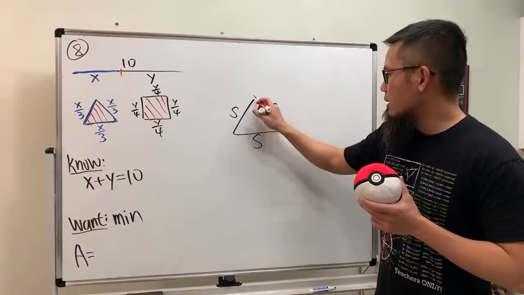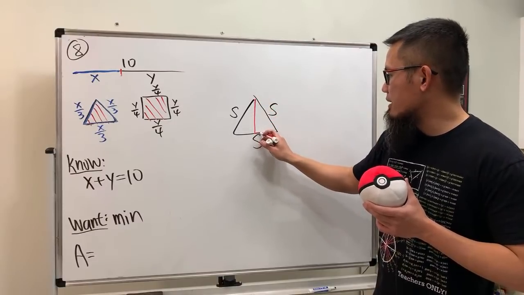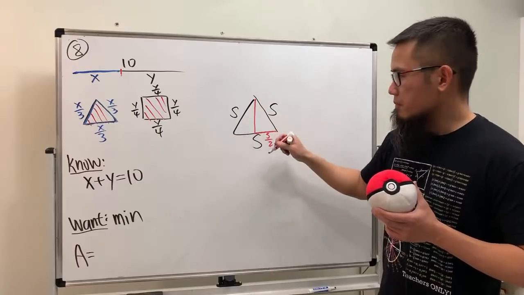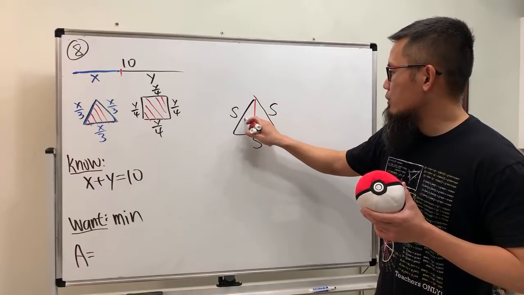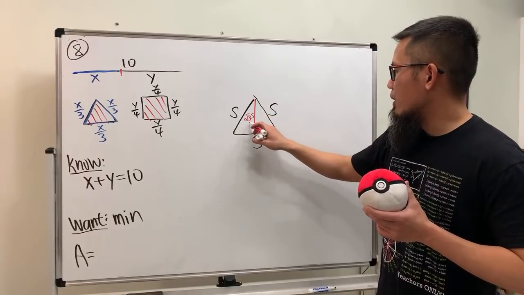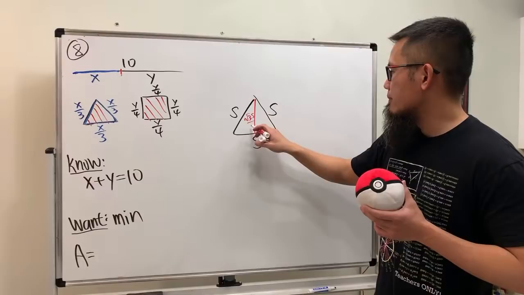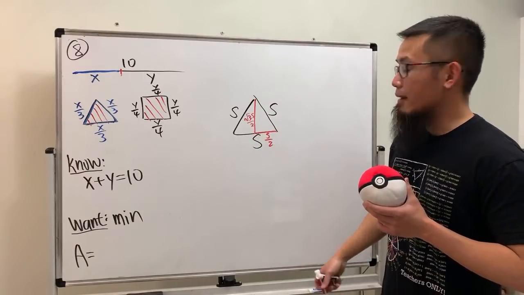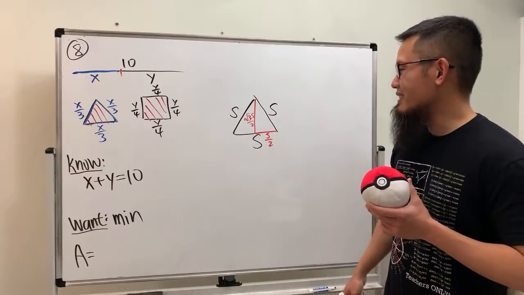You just draw down a perpendicular, and then this right here will be s over 2. And then this right here will be square root of 3 s over 2, because it's the 30-60-90 special right triangle.